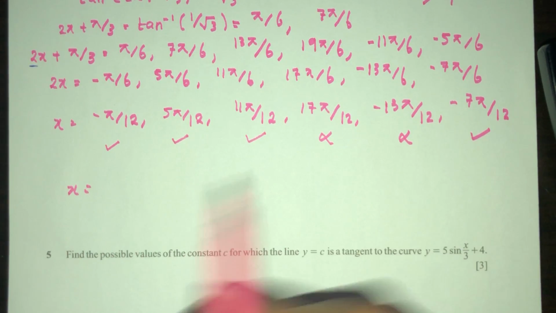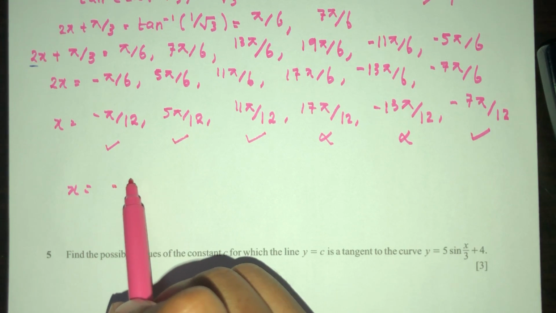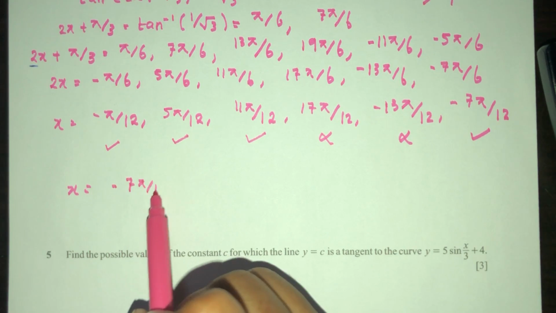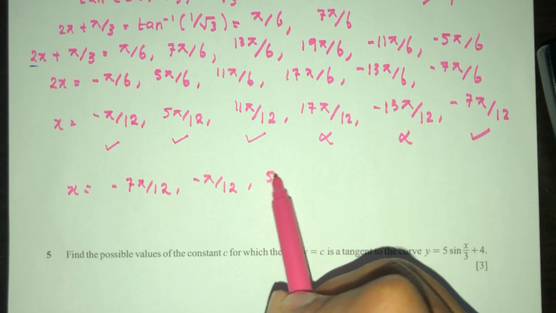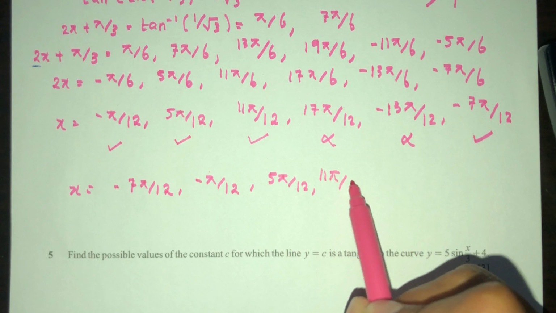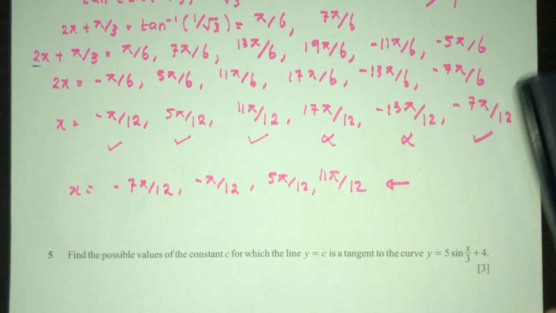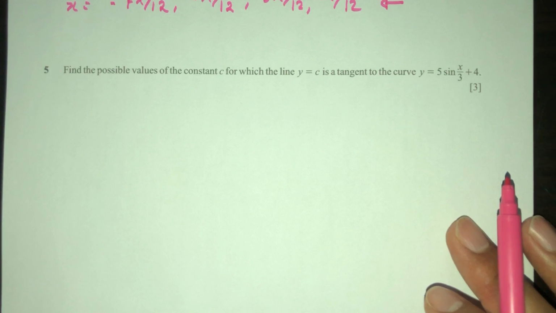X will be, not size, but in order of direction. That will be minus 7 pi over 12, minus pi over 12, then we have 5 pi over 12, and 11 pi over 12. And these are the values of x. That will be question number 4. Now let's move on to question number 5.